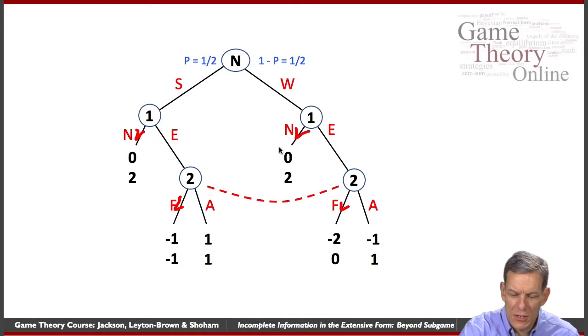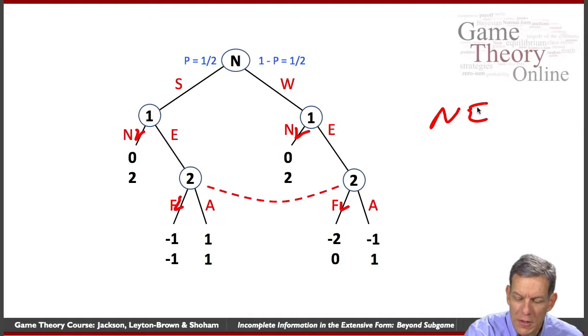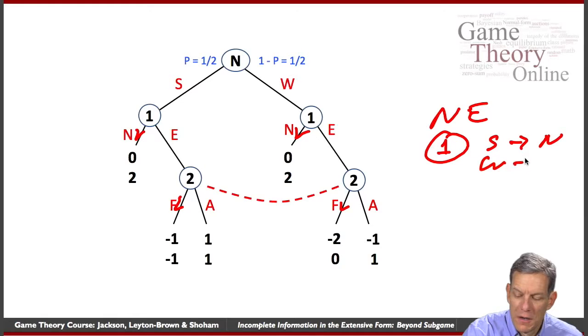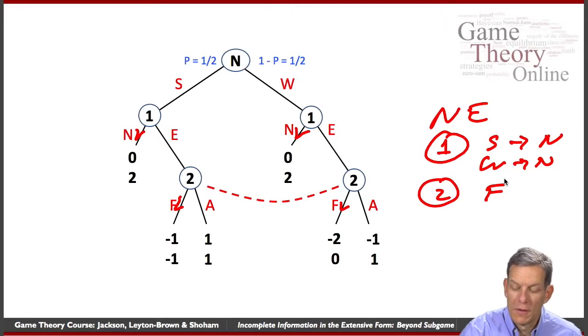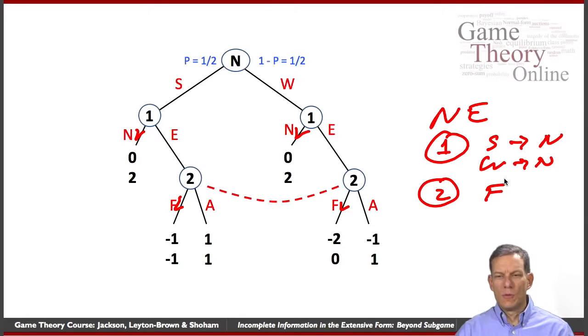Okay, so that's one Nash equilibrium. If they're strong, they don't enter. If they're weak, they don't enter. And firm 2 only has one information set, and they fight. Right? So that's a Nash equilibrium. Okay, it's also subgame perfect, given that there's only one subgame in this.